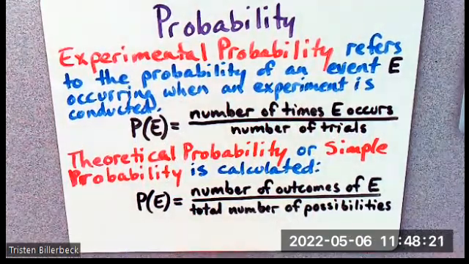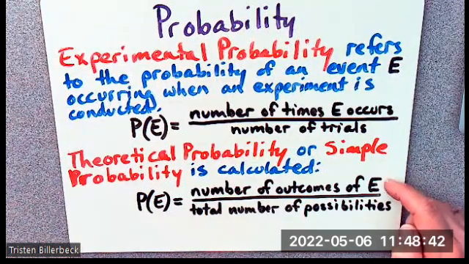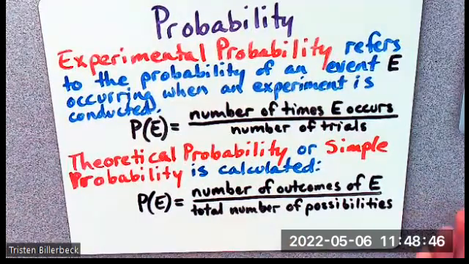When we throw a die, there are 6 different possibilities: 1, 2, 3, 4, 5, 6. If we wanted the probability of rolling a 2, well, there's only one 2. So there'd be only 1 outcome of 2 over 6 possibilities. So the probability of rolling a 2 would be 1/6.